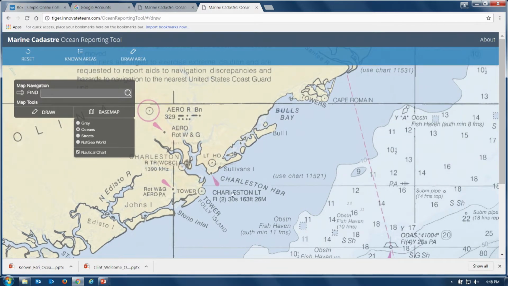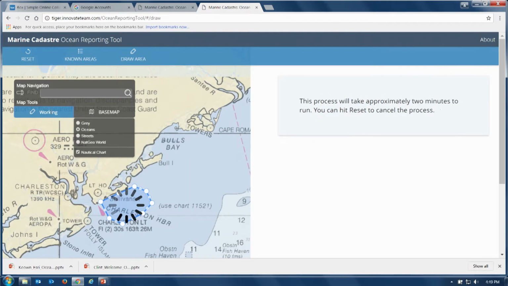I know the shipping channel is right through here, so I'm going to draw an area, probably about 5 or 6 miles offshore, very close to the shoreline. And that's the area that I want to generate a report for. So I'm going to go ahead and submit this.